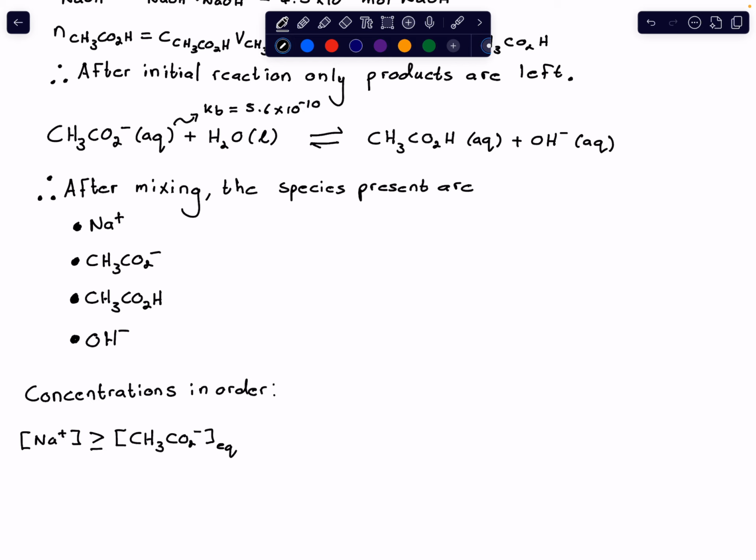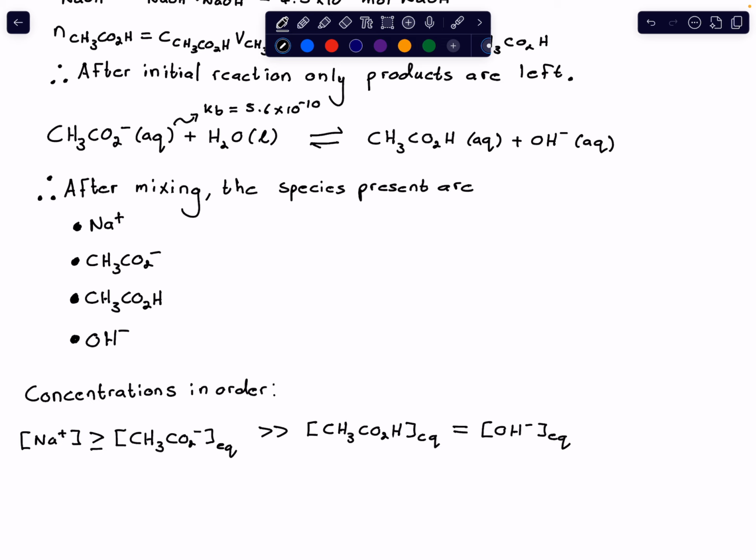Alright, then the next two species are, because of the small Kb value, their concentrations are much less than our acetate anion, and that is the concentration of the acetic acid that forms again because of the equilibrium, right? So that's the amount at equilibrium, and that must be equal to the amount of hydroxide at equilibrium, right?